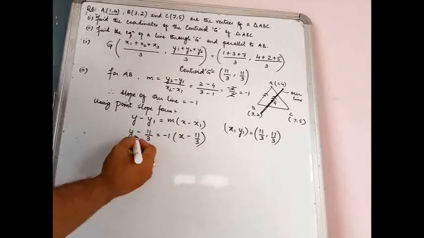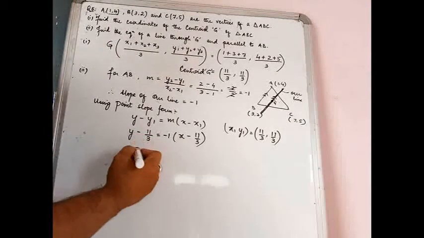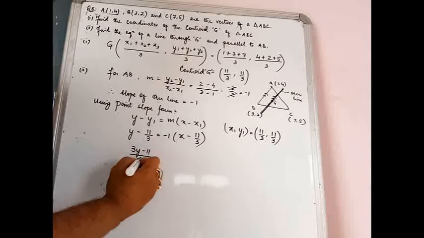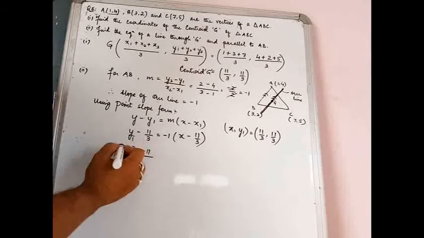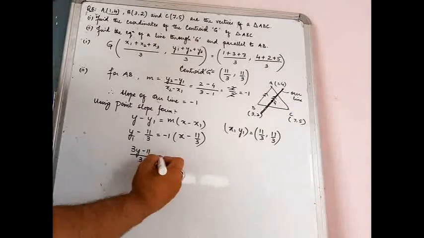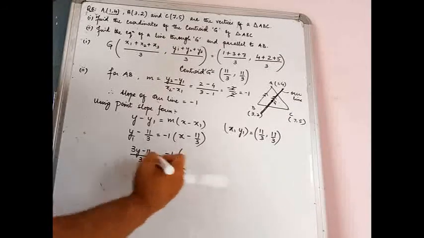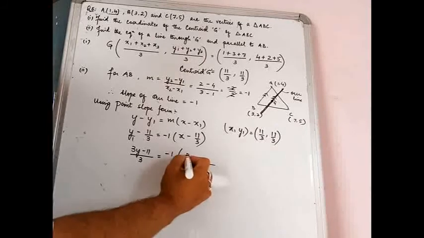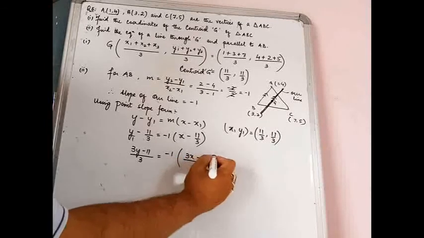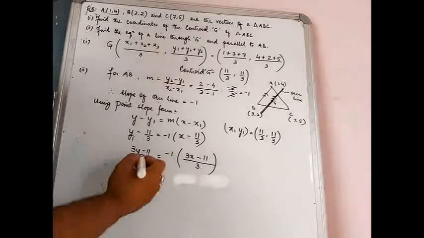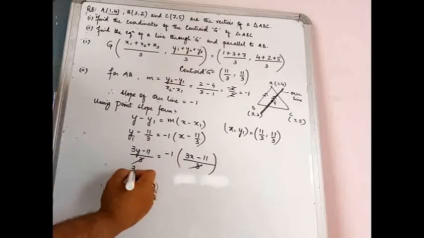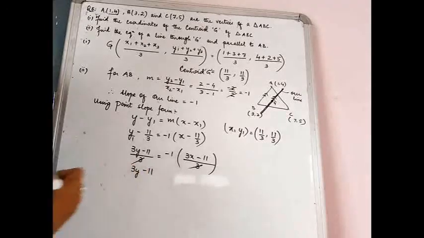Let us take the LCM. You have 3y minus 11 upon 3 equal to minus 1 times 3x minus 11 upon 3. So this 3 and this 3 get cancelled out, and you have 3y minus 11.